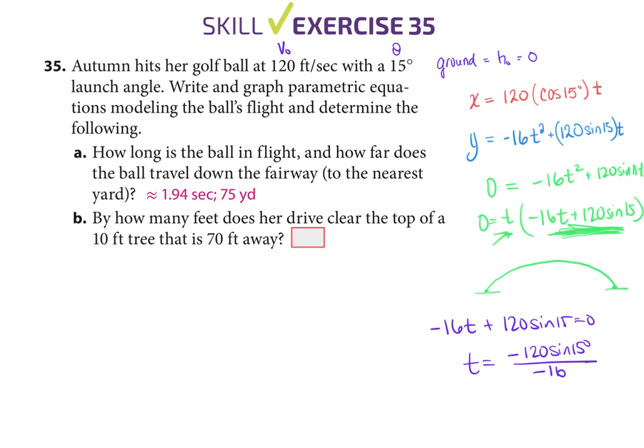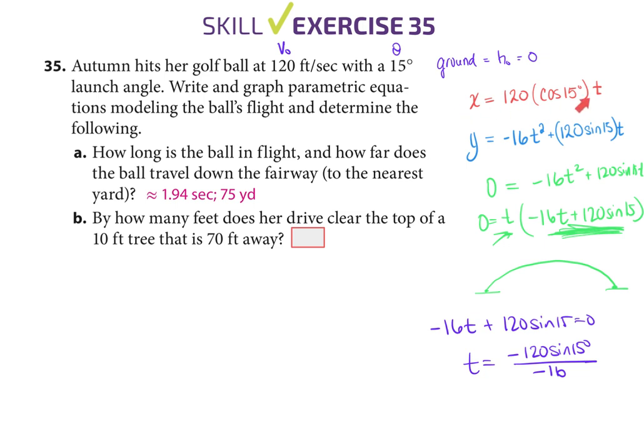Once I know how long it took me to travel 70 feet horizontally, I am going to use that time to plug it into my y to see how high it was. All right? That will tell me how far above the 10-foot tree I cleared. All right?